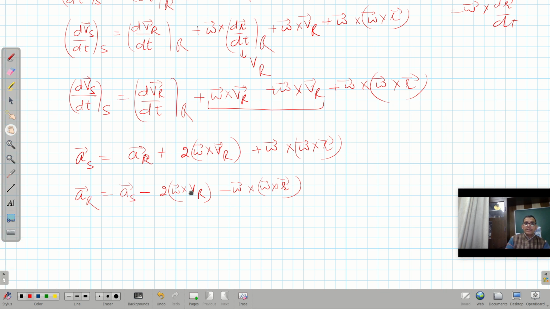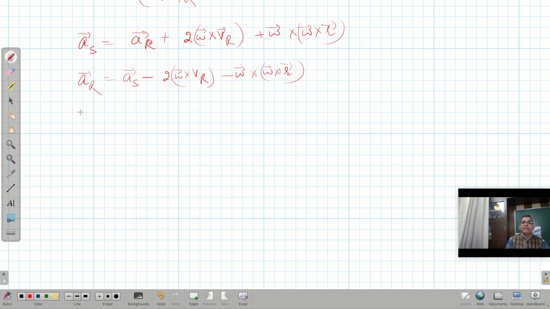I am interested in finding the forces. So if I multiply by mass on both sides, and the mass is an invariant quantity because we are in the non-relativistic limit, I can write m a_R is equal to m a_S minus 2m omega cross vr minus m omega cross omega cross r.